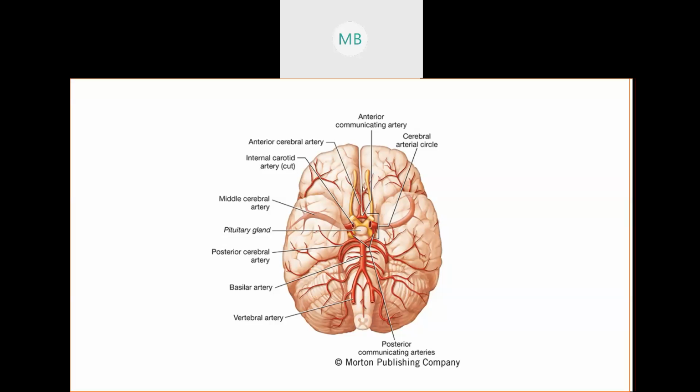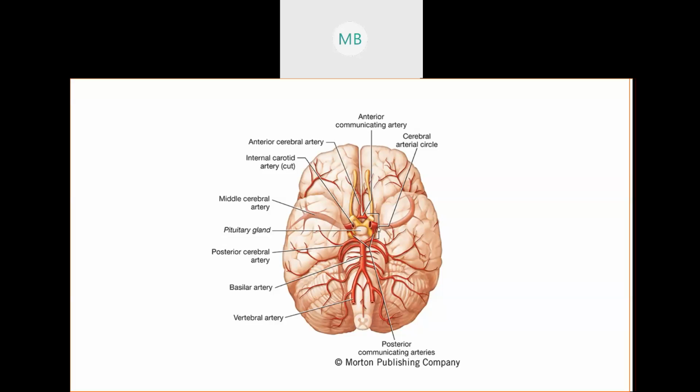The circle is completed, though, because what I've just described is a line going up, two halves of the circle, and then an offshoot that goes beyond the circle up to the right and up to the left. The circle is completed by the anterior communicating artery. So your two anterior cerebral arteries are connected by the anterior communicating artery.